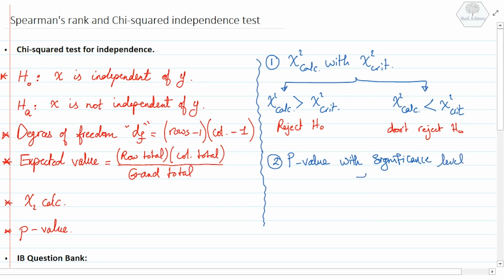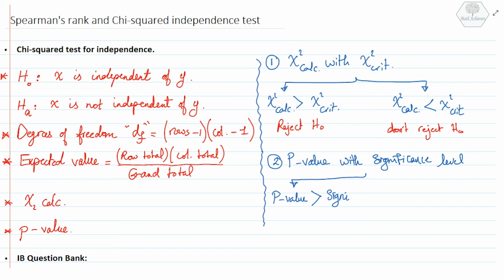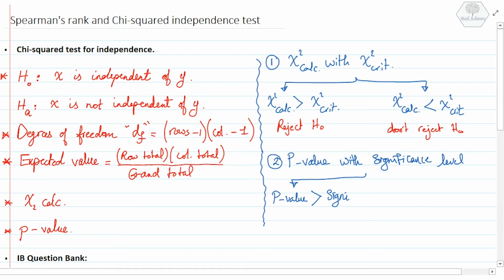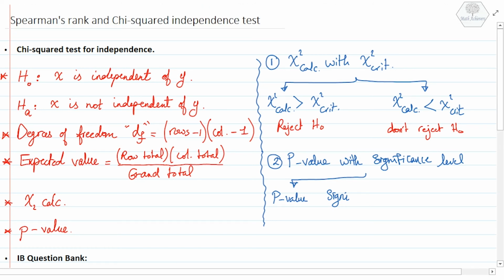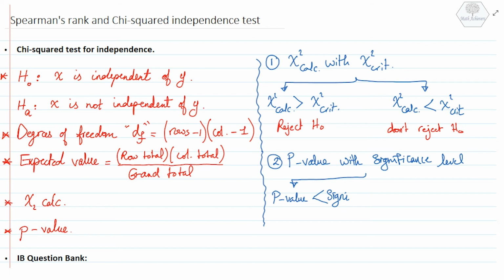So now, if the p-value is lower than the significance level, because it's the opposite from the chi-squared, then we reject H0.